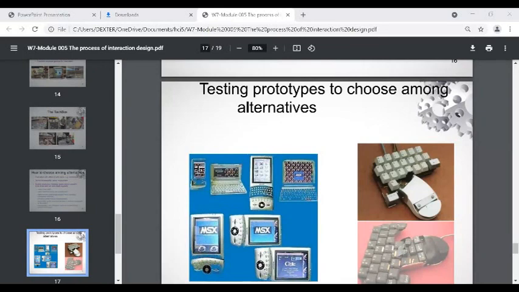It involves producing a limited version of the product with the purpose of answering specific questions about the design's feasibility or appropriateness. Prototypes give a better impression of the user experience than a simple description. Different kinds of prototyping are suitable for different stages of development and for eliciting different kinds of feedback.